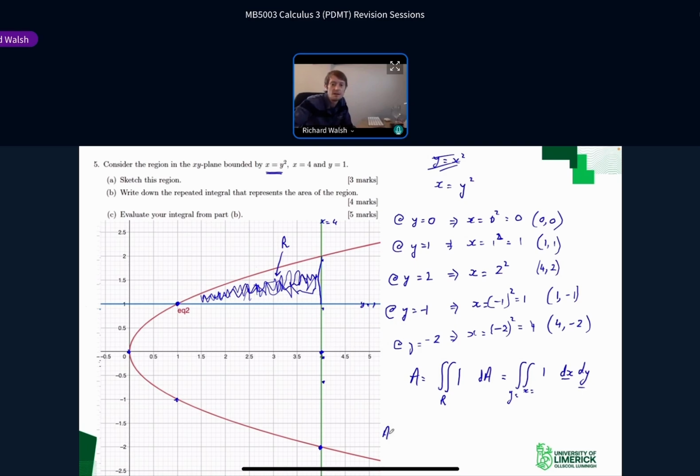So my area equals, leave the outer integral a second, x equals y squared. You could also do this the other way around, dy dx, but this is just easier in this particular question. So x will equal y squared, and it will go up as far as 4.